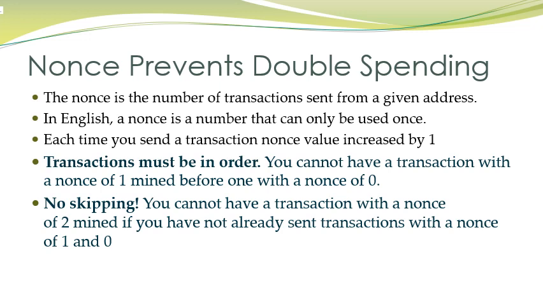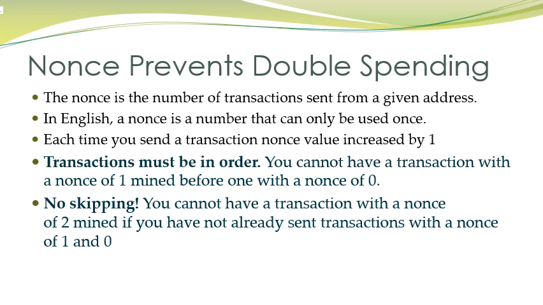So in the Bitcoin network, this nonce indicates the number of transactions sent from the given address. How many times a sender sends a transaction, we can calculate from the nonce number.